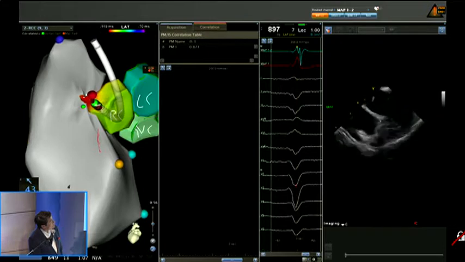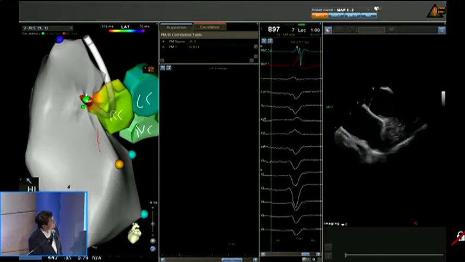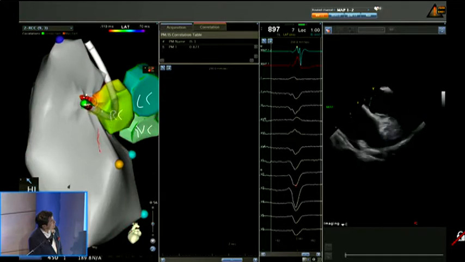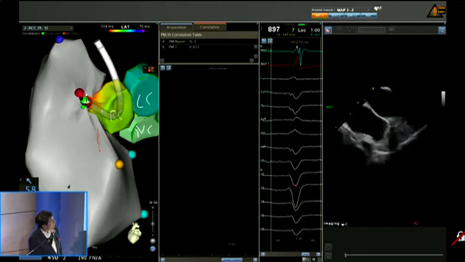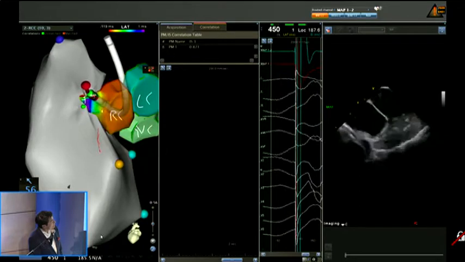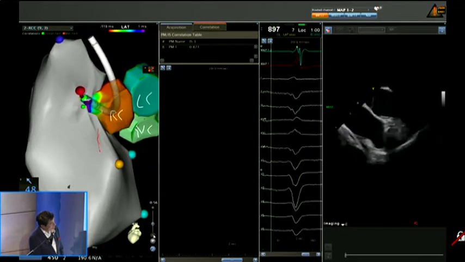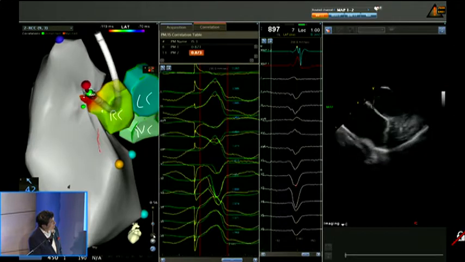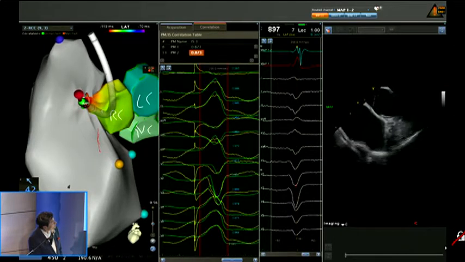Well, here we are at the point for PASO. We are going to pace now. We are pacing at this point at 500 milliseconds. Can you record the pacing, please, Diego? Perfect.